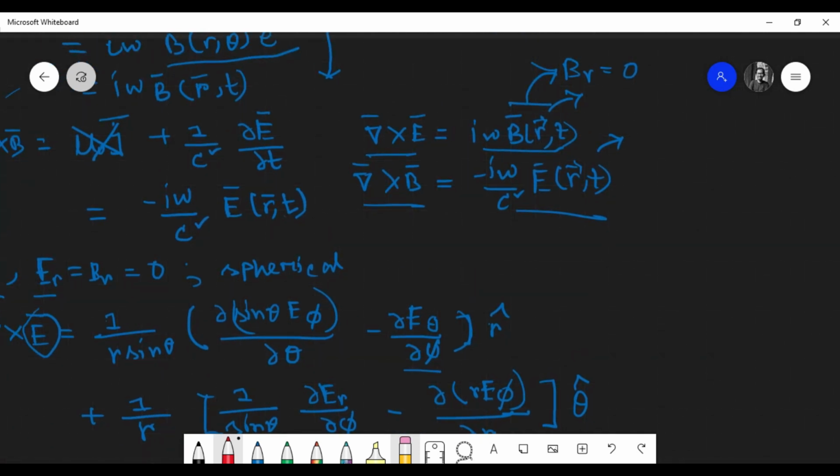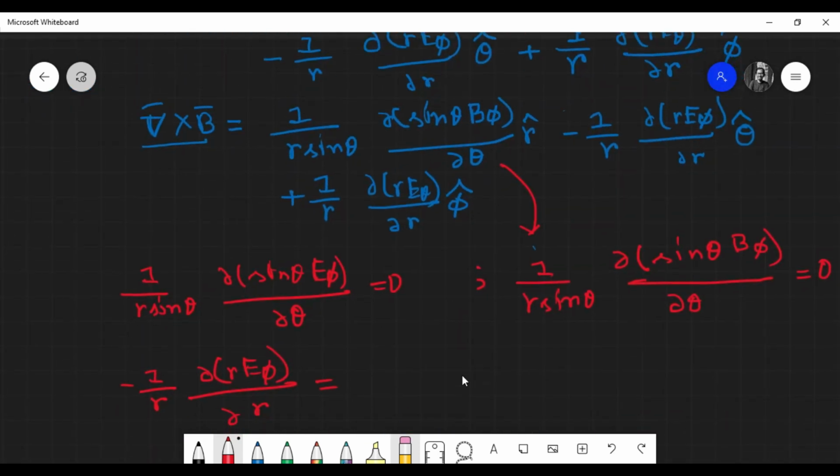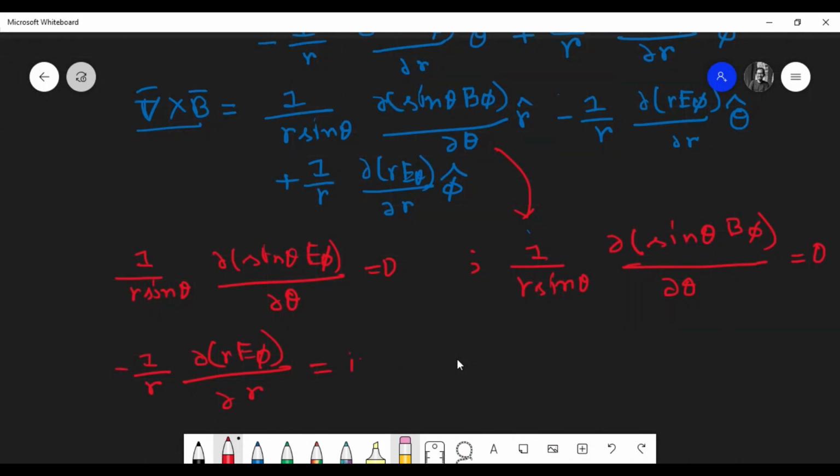So it would be I omega B theta here. Similarly, we will have 1 over r, d phi, dr, I omega E theta.